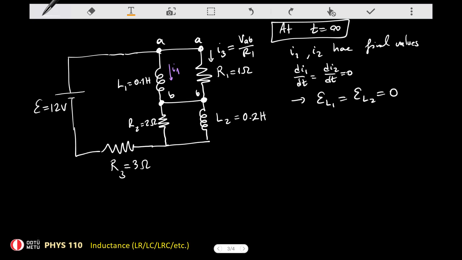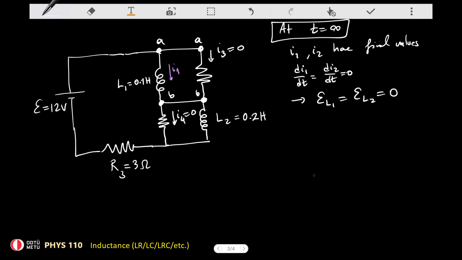So potential drop divided by the resistance, therefore this is equal to 0. That means, and I'm just going to show it like that, this is I4, this is I3. So I'm just going to erase this information because these are irrelevant now. So these two currents are equal to 0.